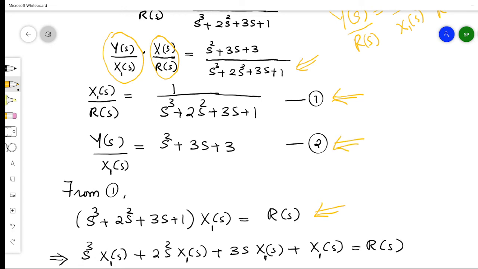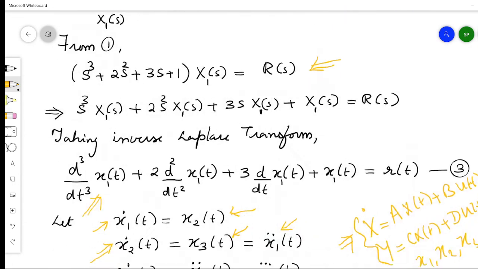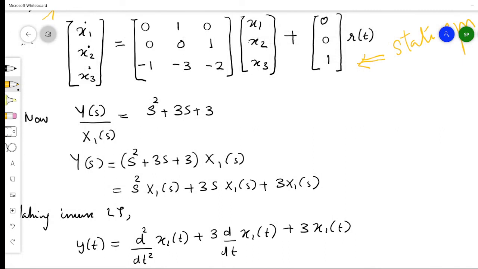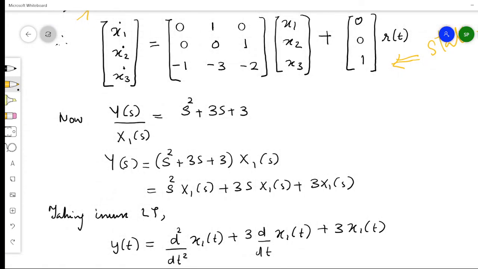And in a similar way we will be following. So we'll be taking the second equation, that is y of s by x1 of s is equal to s squared plus 3s plus 3. So this equation we have taken. Now we'll be cross multiplying this in the similar way. So we'll be getting y of s is equal to s squared plus 3s plus 3 into x1 of s.